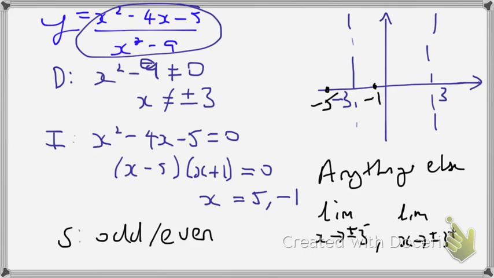So let's deal with the negative 3. To do that, it's just a matter of picking a value slightly less than minus 3. So I might start by writing this in factorized form. It's a bit easier at that point.